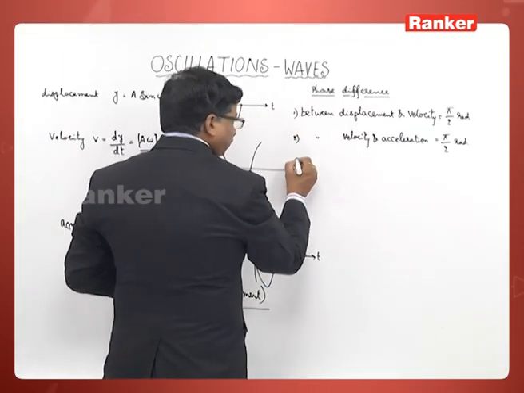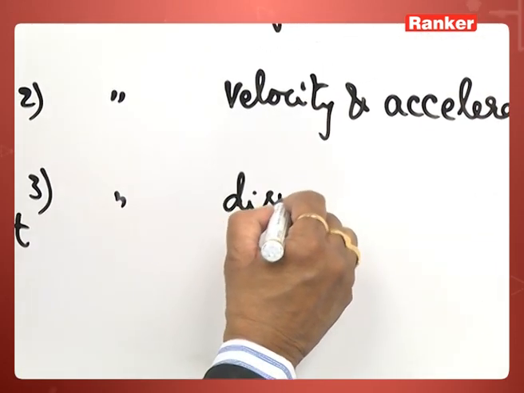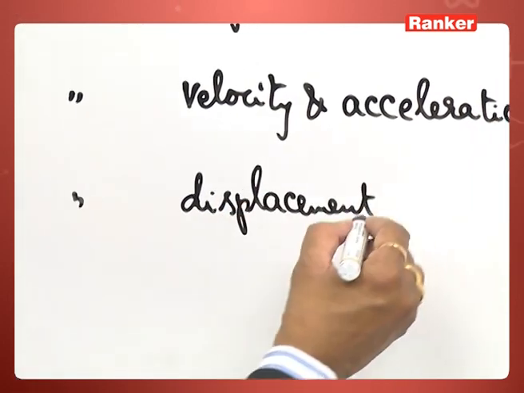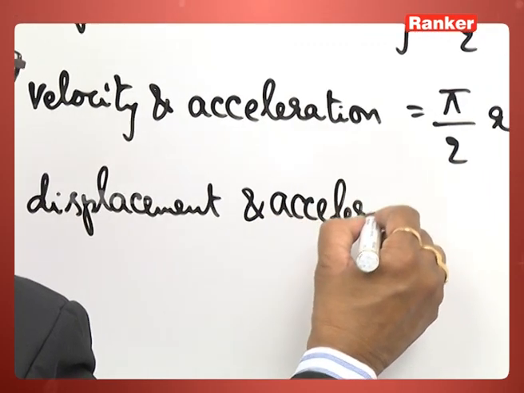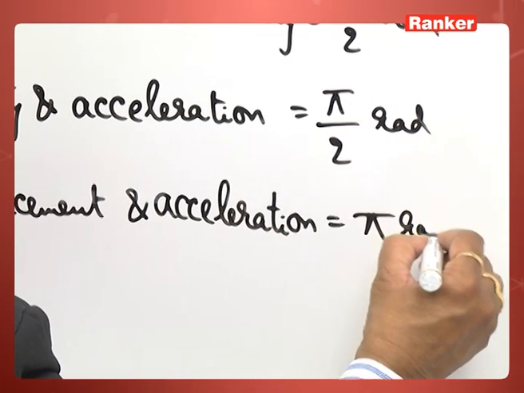When we consider the third one, between displacement and acceleration, what would be the phase difference between them? It will definitely be pi radian.